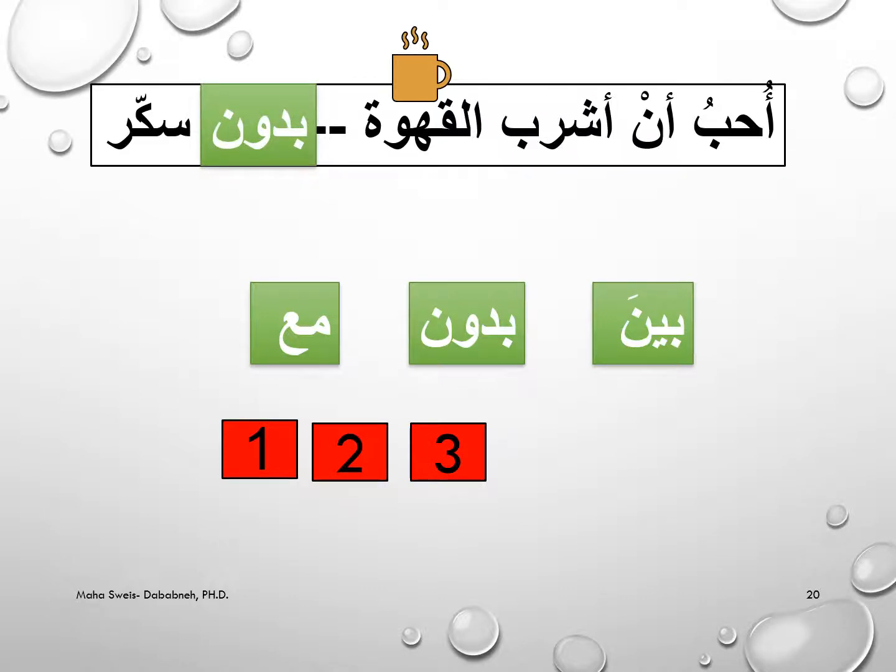So you can pick بدون if you like to drink coffee without sugar. But you still have another correct answer. If you like to drink coffee with sugar, then you pick مع. So both of them are correct. مع is correct and بدون is correct.